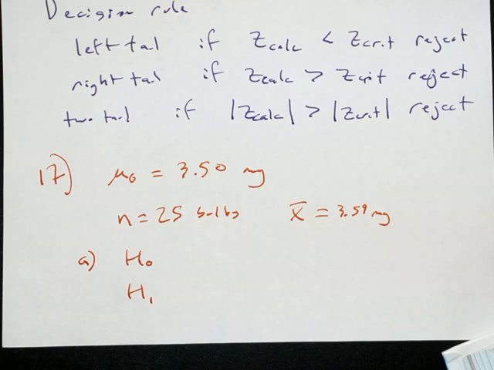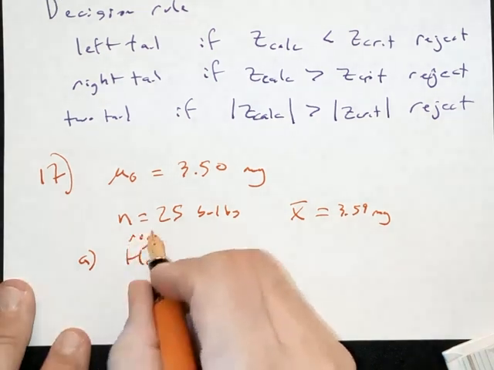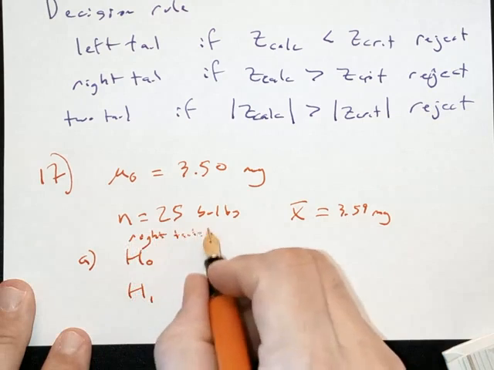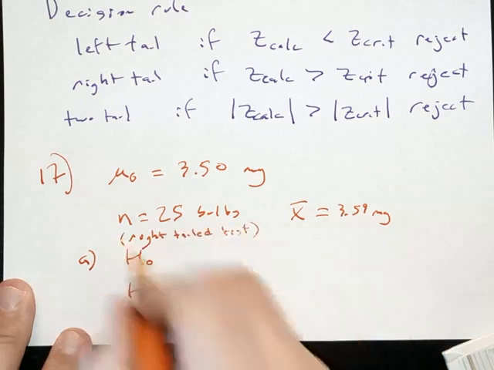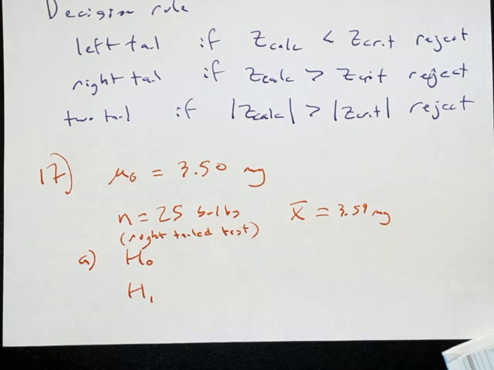For a right tail test, what's my null hypothesis? Everything is hunky-dory, they're okay. How do I write that down? Not yet.